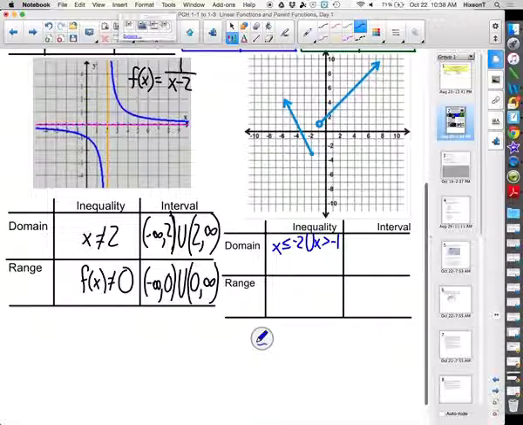Here we would need a union. You could write it as 2 separate things. So X is less than or equal to -2, or X is greater than -1.